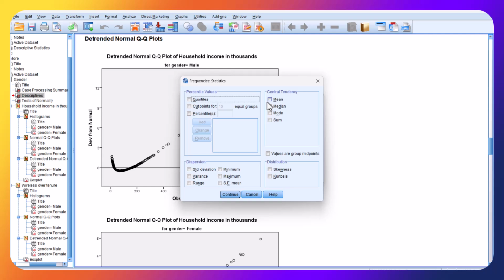If you use this SPSS statistics option for the gender calculation, it's not going to give the accurate value. So you cannot use this particular method.